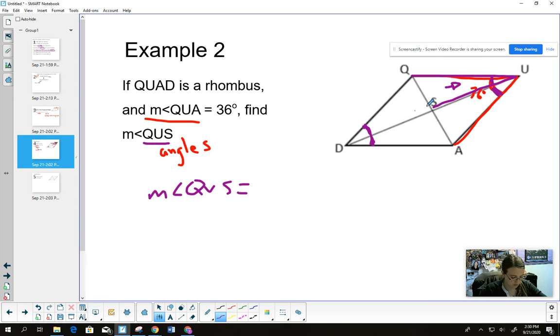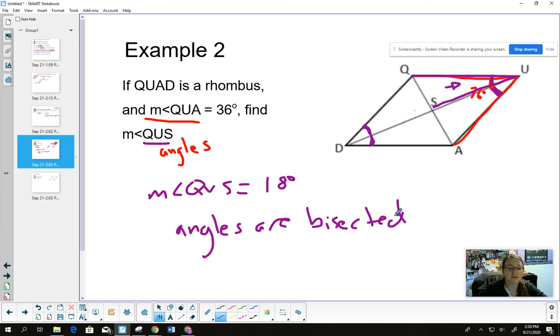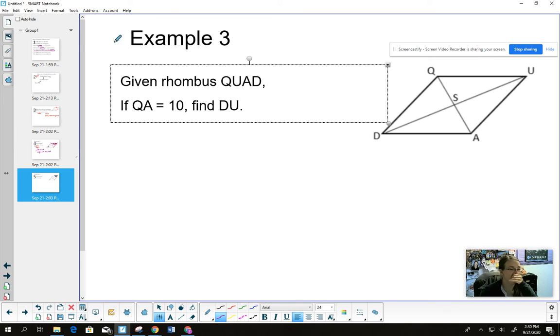So what's half of 36? 18. Because the angles are also bisected by the diagonals. If the angles are cut in half and I was given the whole thing is 36, half of it was 18. Good, let's try one last one.